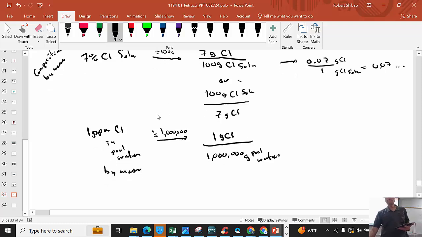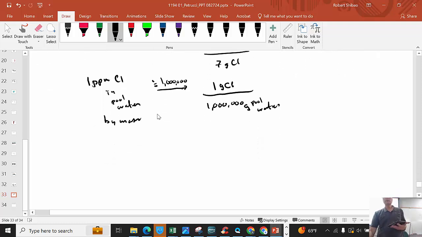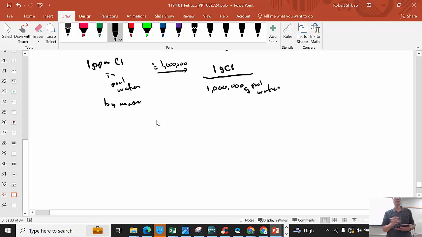So we can go from the fractional form to whatever form. For example, I know that there are 7 grams of chlorine per 100 grams of chlorinating solution.